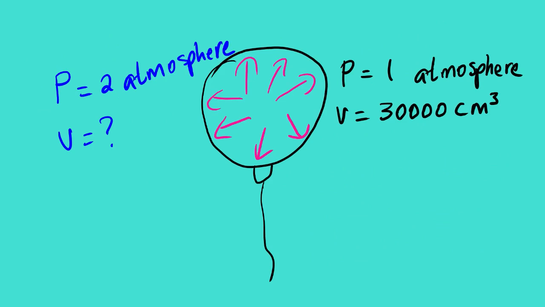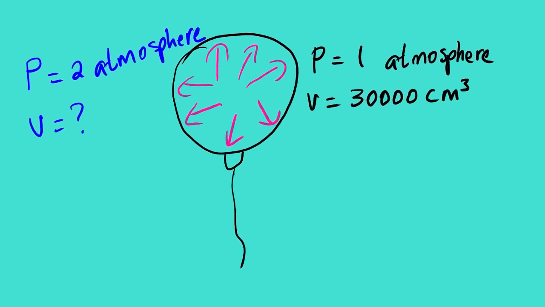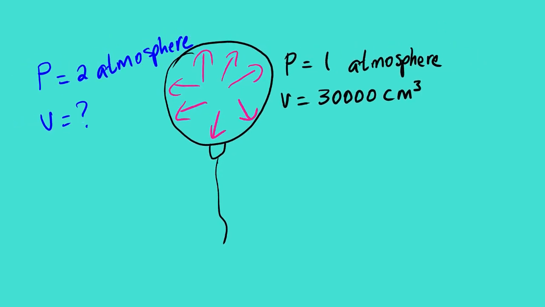Now in this particular example, we need to master or know the conversion. Now we can see that our pressure is given in atmospheric pressure. Now we need to convert that to pascals, and then we can see our volume is also given in centimeter cube. We need to convert to dm cube.